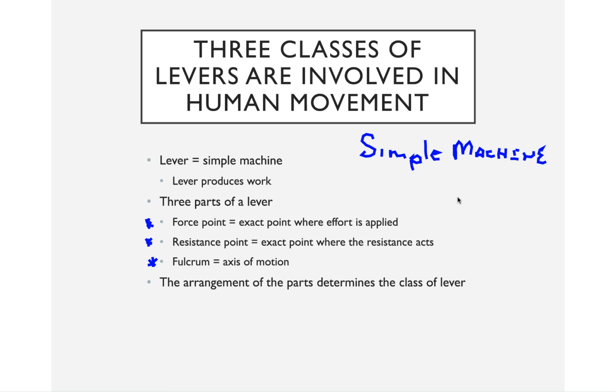So the three parts of the lever are the fulcrum, where we get the rotation; the resistance point, the exact point where the resistance acts; and the force point, the exact point where the effort is applied. If we take this to muscles, the force point could be defined as the insertion of a muscle, unless that muscle is functioning by functional reversibility, then it might be the origin.